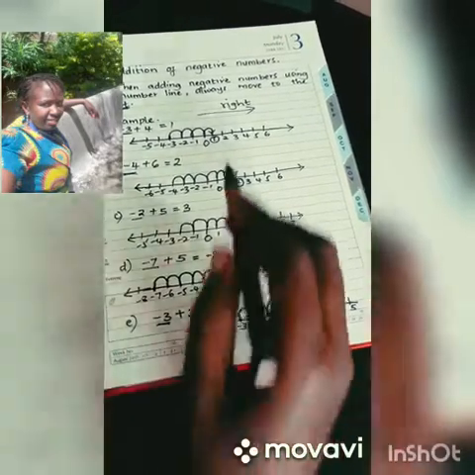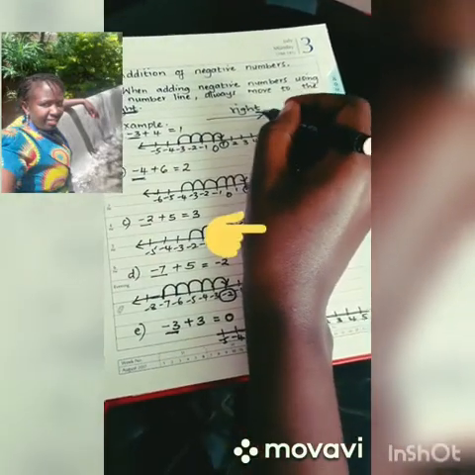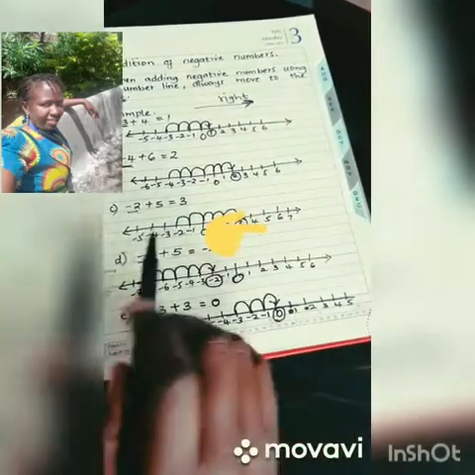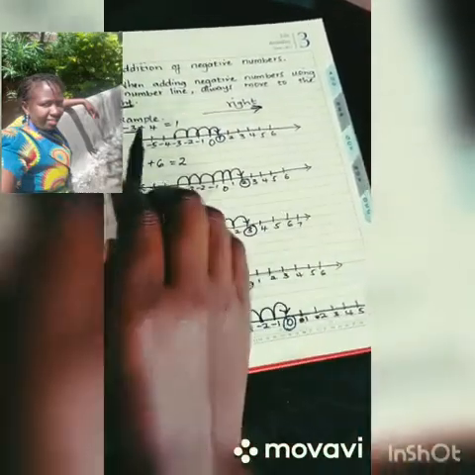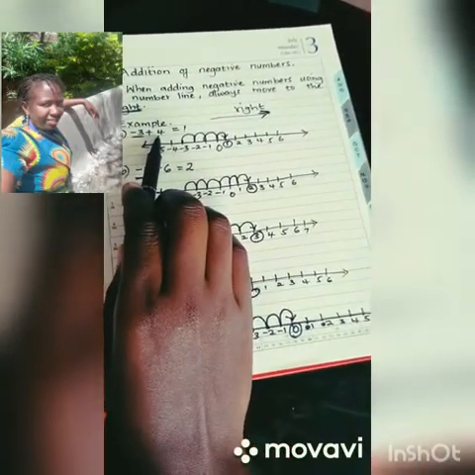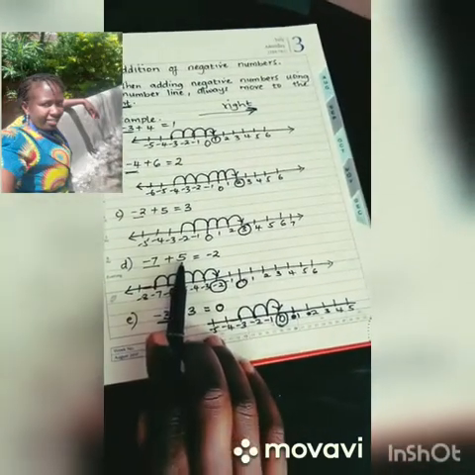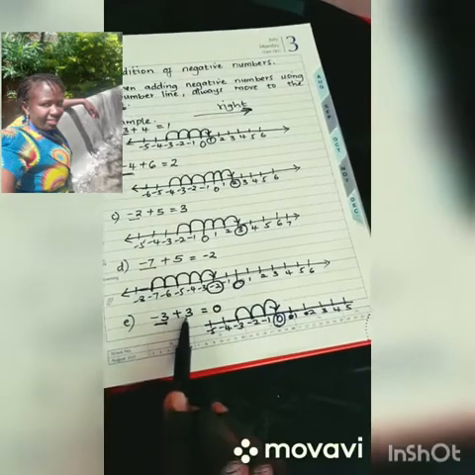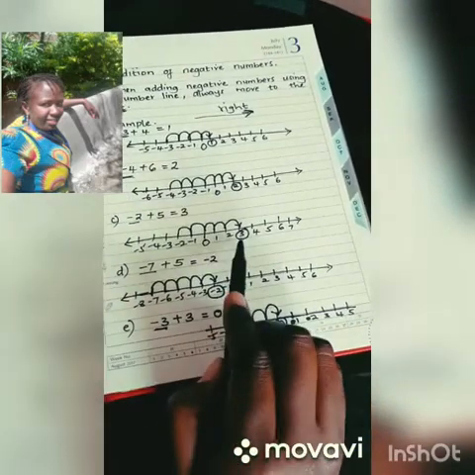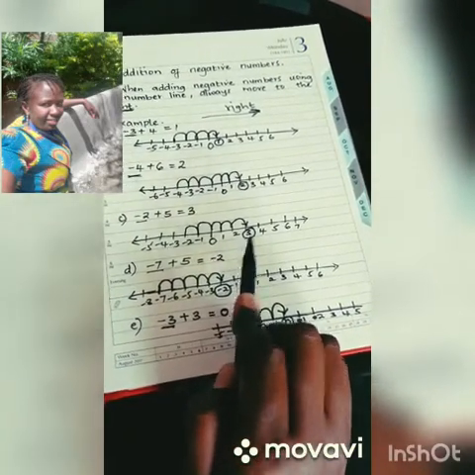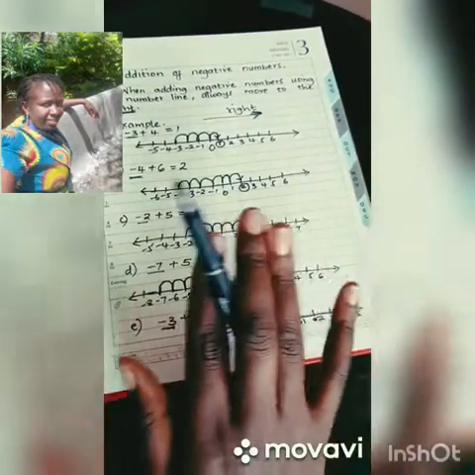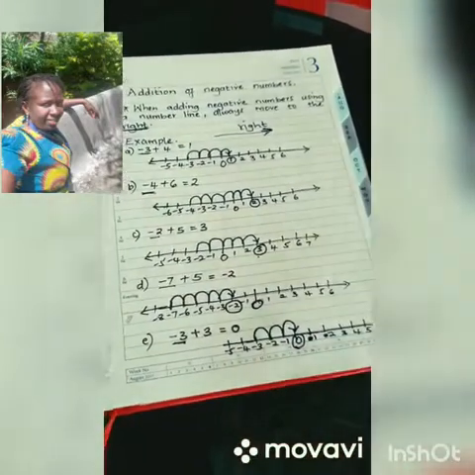Then addition, it means you move to the right. And then you move how many steps? If it is here, you move 4 steps. Here, 6. Here, 5. Here, 5 still. Here, 3. Where you stop, that is the answer. It can either be positive, it can be negative, or it can be 0.